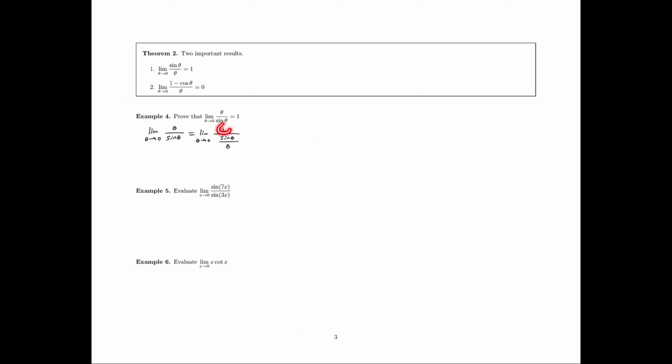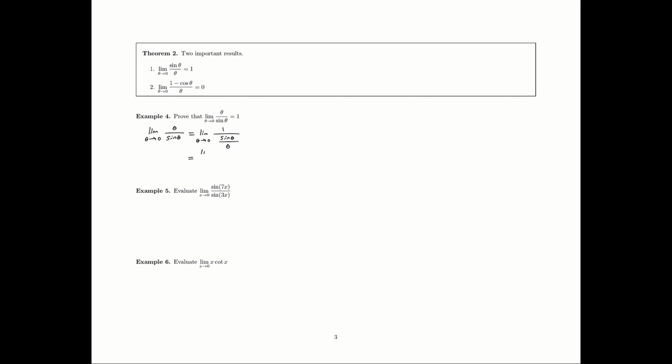I've got thing 1 on top and thing 2 on the bottom. And now we know that this limit exists, the theorem tells us, and 1 is a constant, so its limit exists. So the limit of the top and the limit of the bottom exist independently of one another, which means I can use the limit laws, which means that the limit of a quotient is the quotient of the limits.